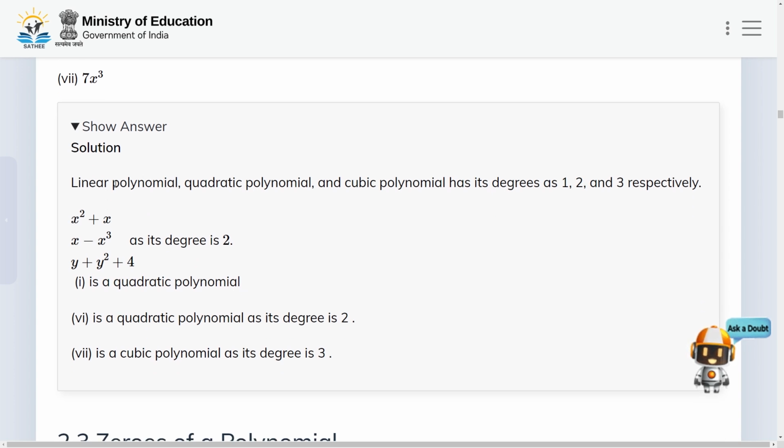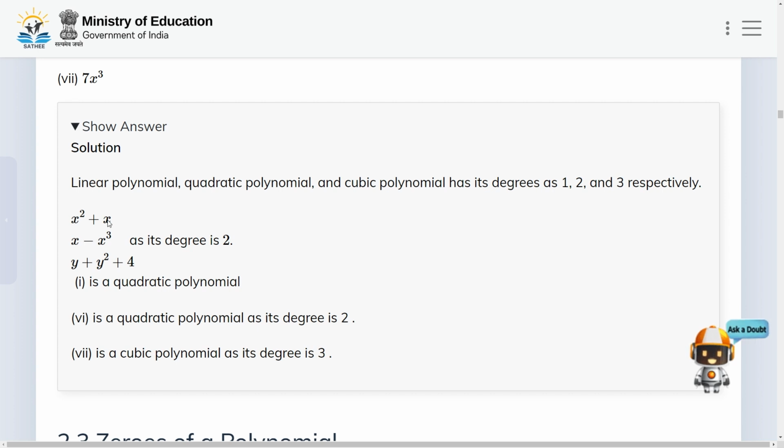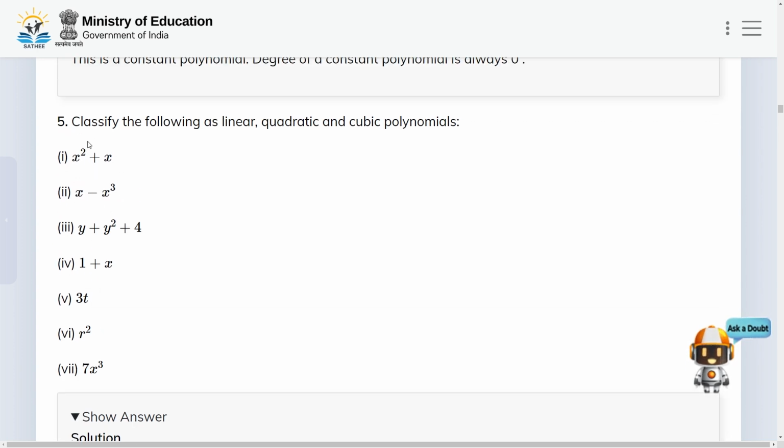The degree of this polynomial is 2, so this is a quadratic polynomial.